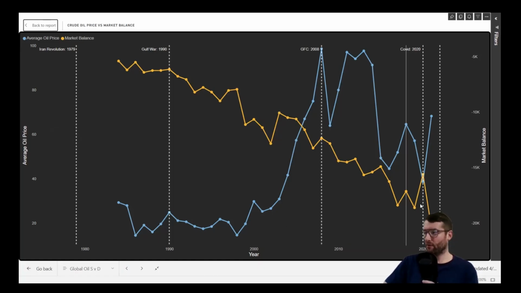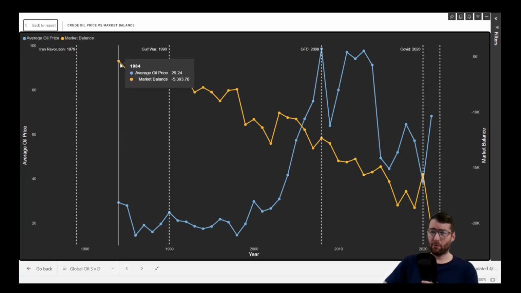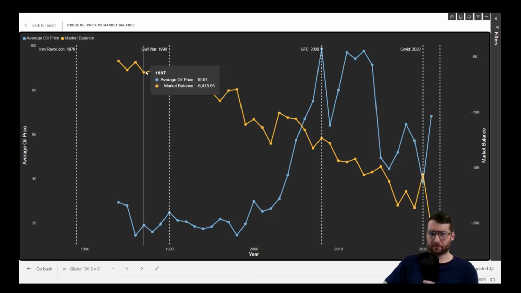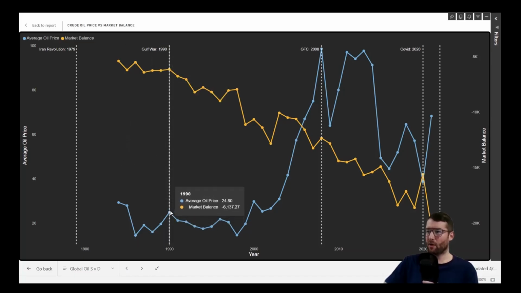If we look at the surplus here, that's a high surplus, and that's a low surplus there. So, low oil price in 1984 on a high surplus. All through the 80s the oil price is down, as a result of surplus being quite significant, going on an upward trend.